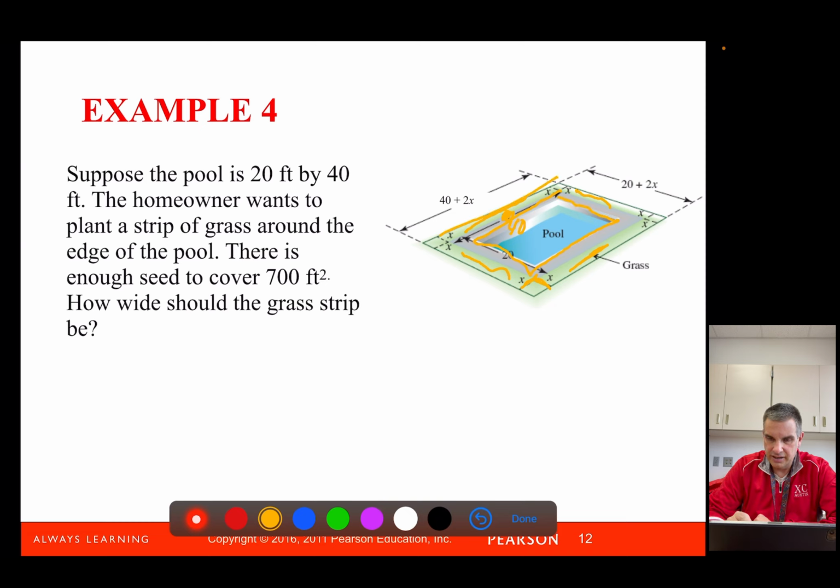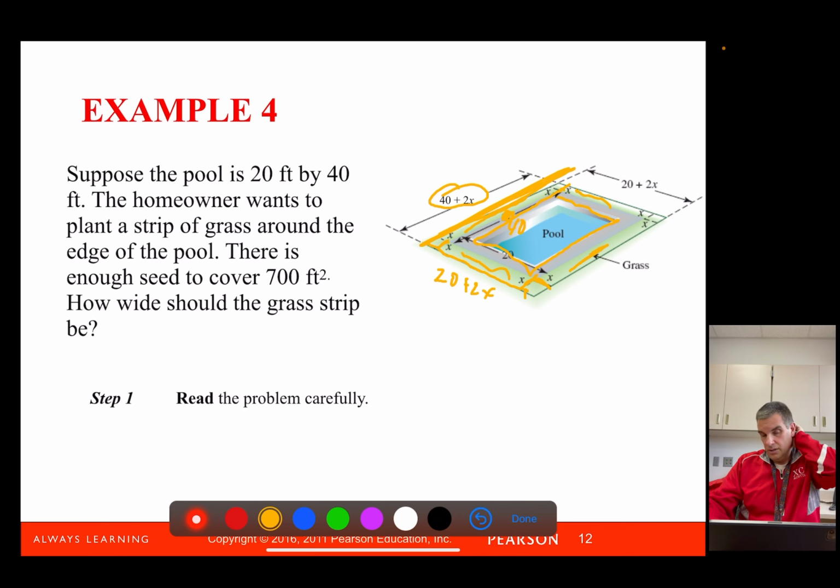This length here is going to be the length of our pool plus 2x. x is on both sides. The length of this side is going to be 20 plus 2x. Okay. We have enough grass seed to cover 700 square feet. We want to figure out what x is going to be. Okay, so we've got our drawing there.